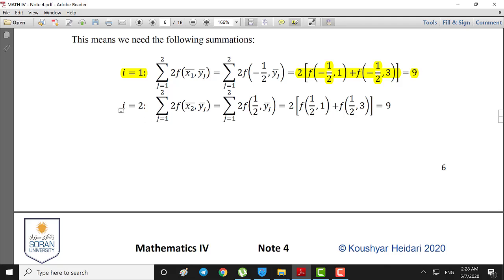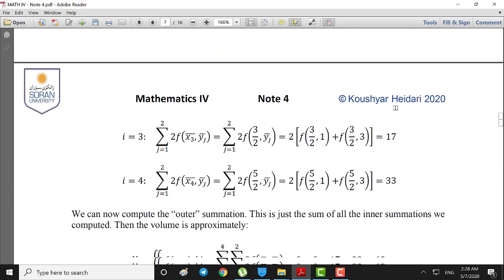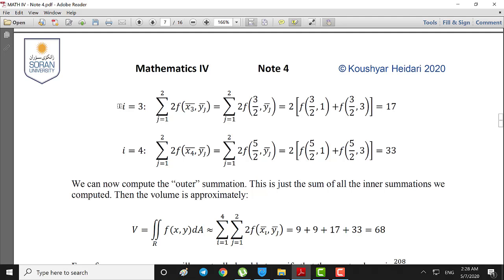For i equal to 2, we go through the same process, and we're going to get 9 in the end. For i equal to 3, we're going to go through the same process, and we're going to get 17 in the end.